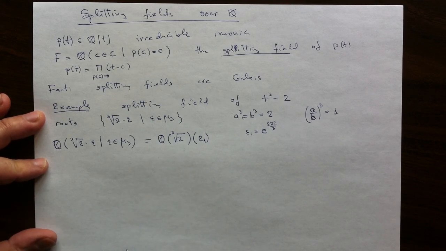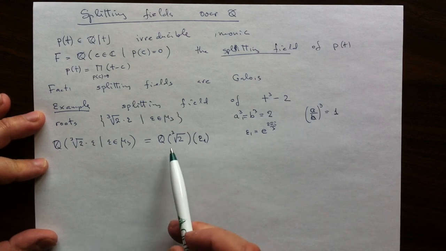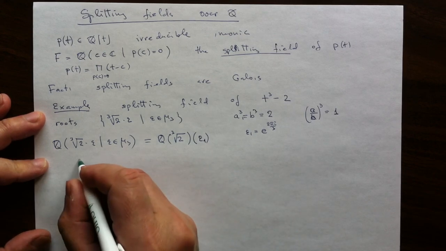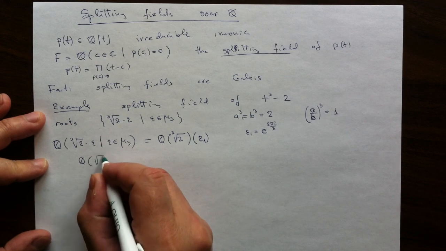The next step in analyzing an extension is to see what its degree is. So we have to figure out how many linearly independent over the rationals elements this field extension has. And this two-stage presentation would be beneficial.